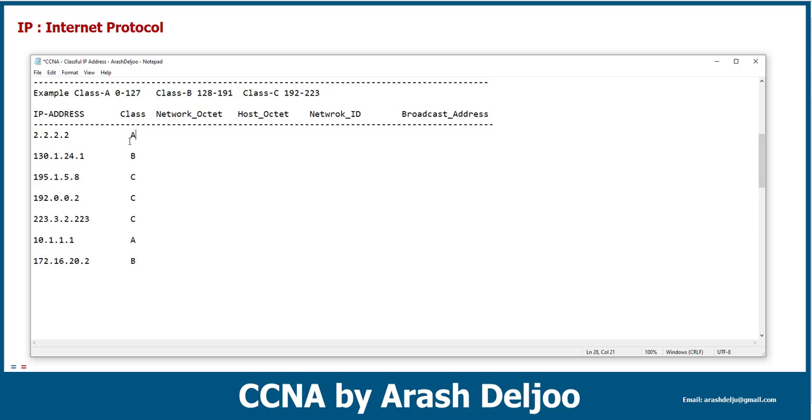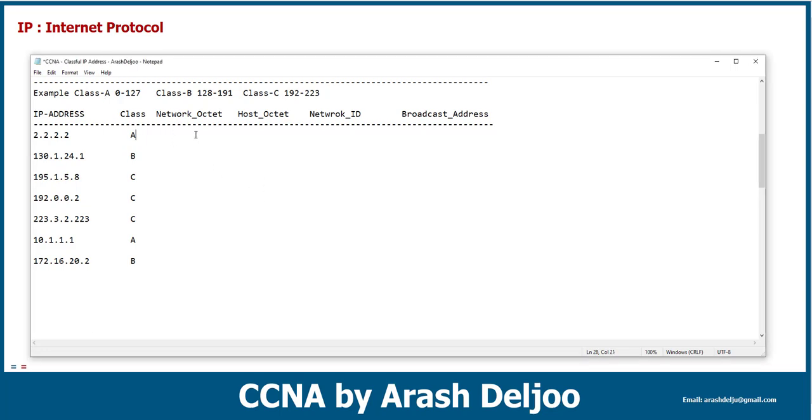You know that in class A, we have 1 octet for network and 3 octets for hosts. Because of that, if you want to find the network octet in this address, you can use only the first octet, because this is a class A IP address.